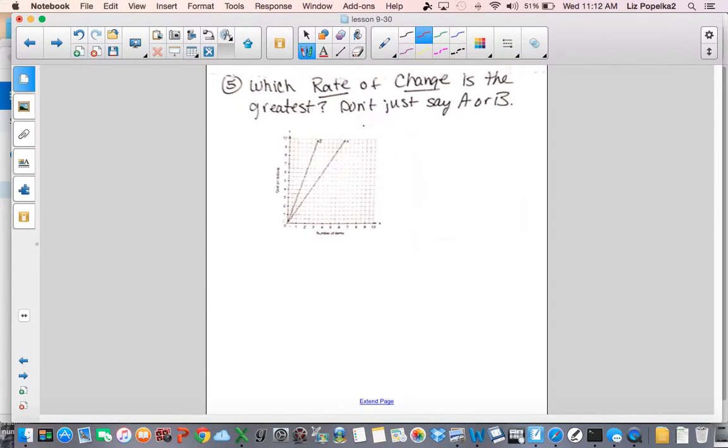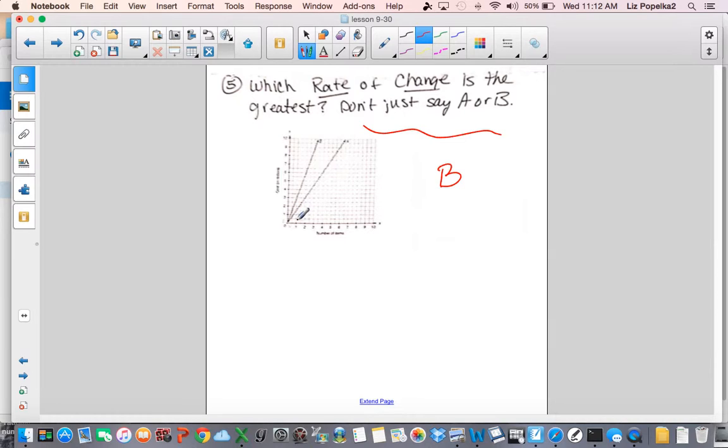And so when I say don't just say A or B, I'm saying that I really want you to give a reason for why it's line B. Okay, this is line B right here. You could say that the line is steeper, so it shows that it's increasing at a higher rate.